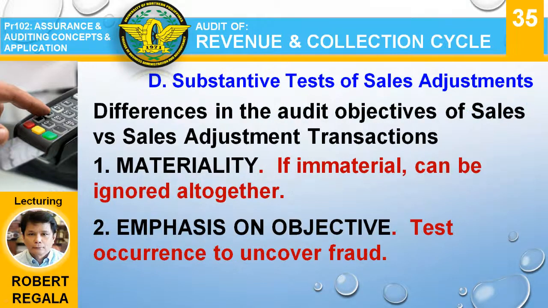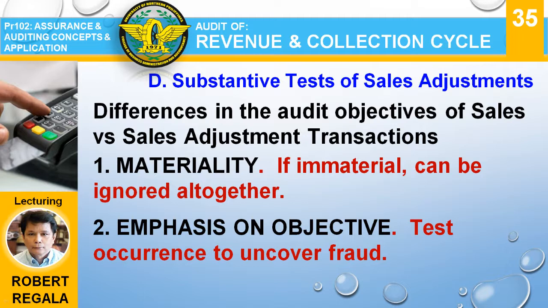Slide 35. Substantive tests of sales adjustment transactions. The audit objectives discussed in the substantive test of sales transactions discussed in slide 25 are essentially the same for processing credit memos for returns and allowances, with the following exceptions. 1.